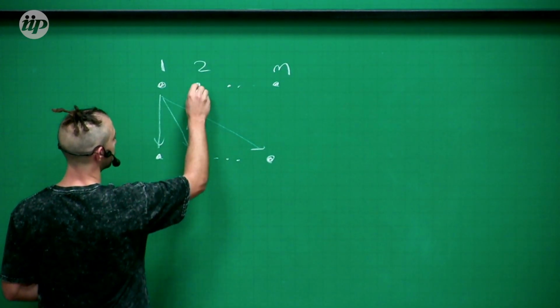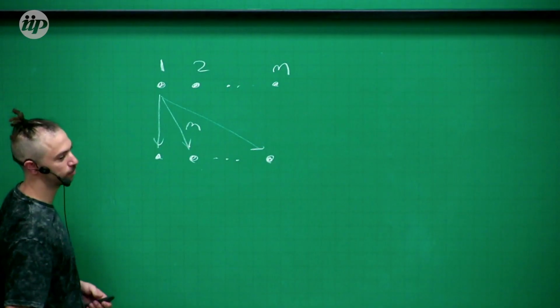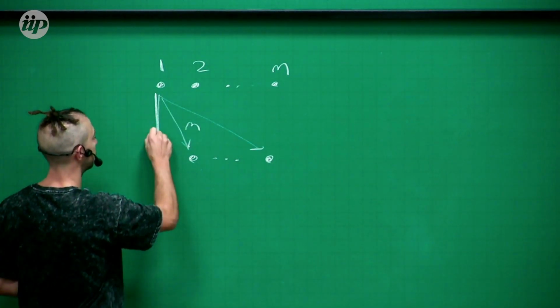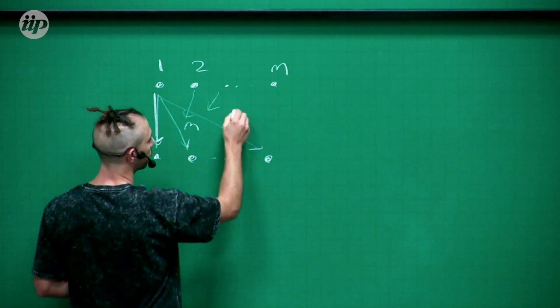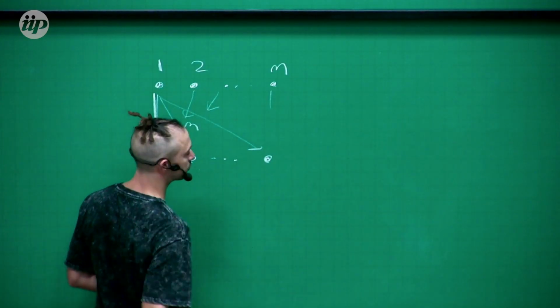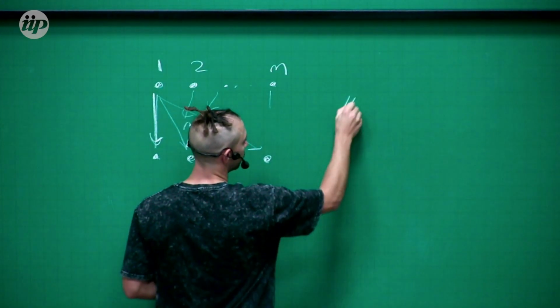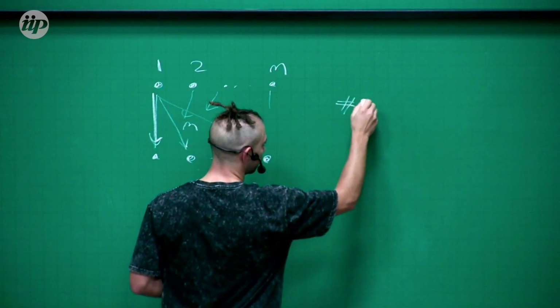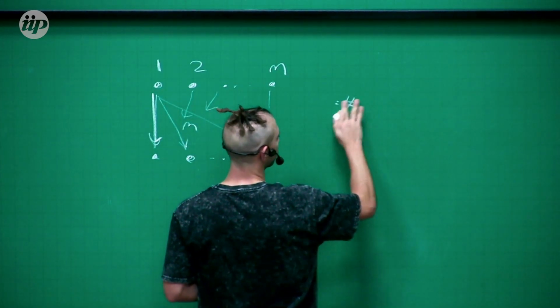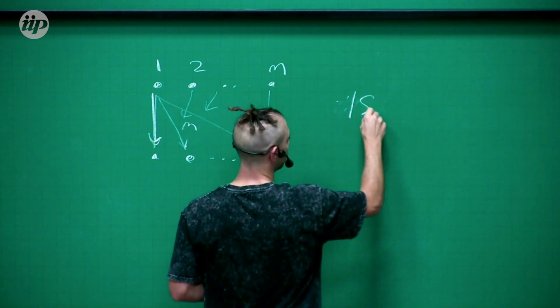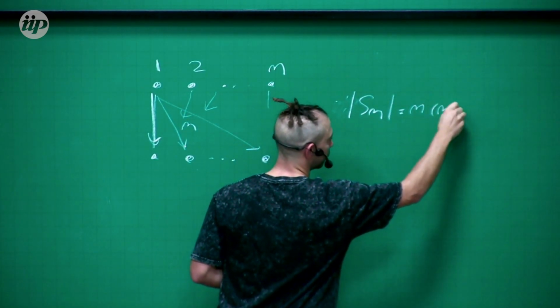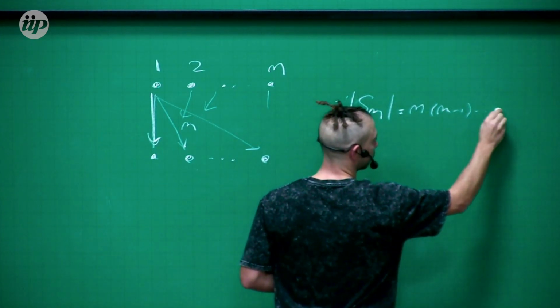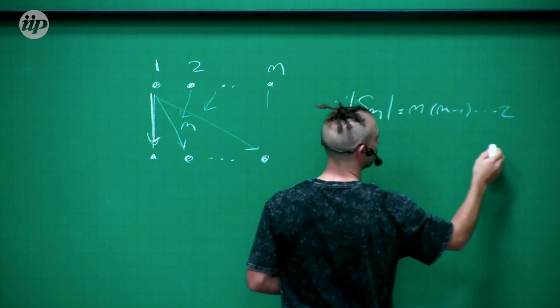I choose the second one. Once I fix this one, let's say I choose this one, I have n-1 choices for this one, and so on, n-2, and so on. And for the last one, I don't have a choice. So the number of bijections, the order of S_n, is n times n-1 all the way down to 2, which is n factorial.